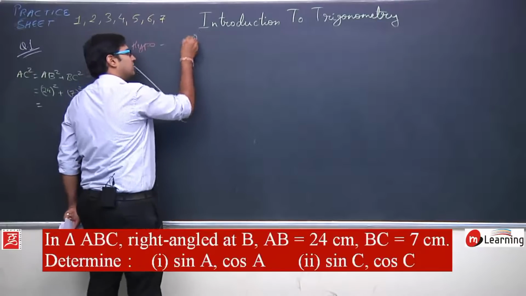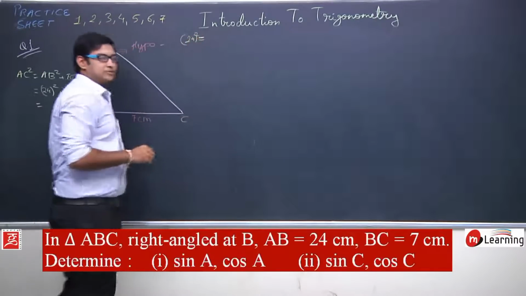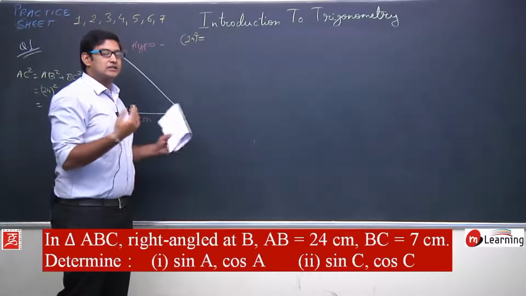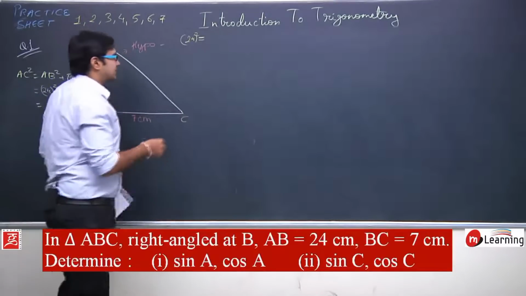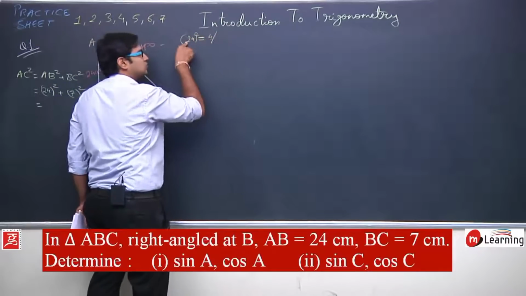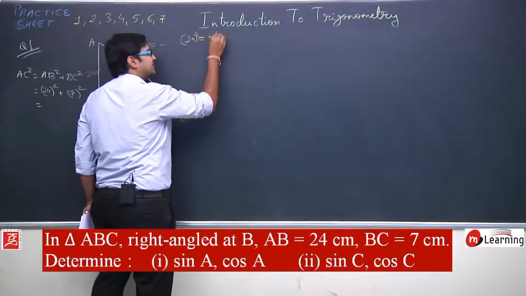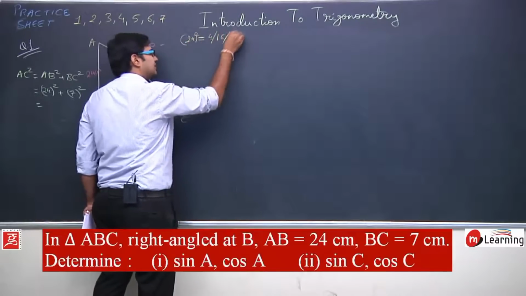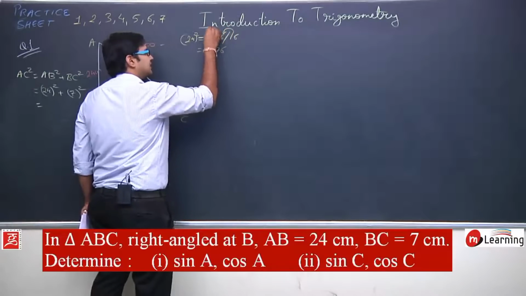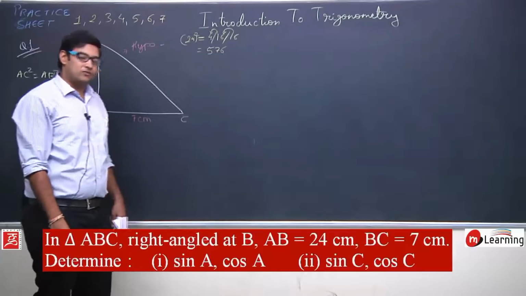We learned a method in different chapters, in polynomials, number systems, and surface areas and volumes. So 24 is 4 times 6, wait, it is 2 times 4 times 2... so 2 into 4 is 8, 8 into 2 is 16, then 4 square is 16. So it will be 6, then 1 here, then this will be 7, then 1 here, and this is 5. So 576 is the square of 24.